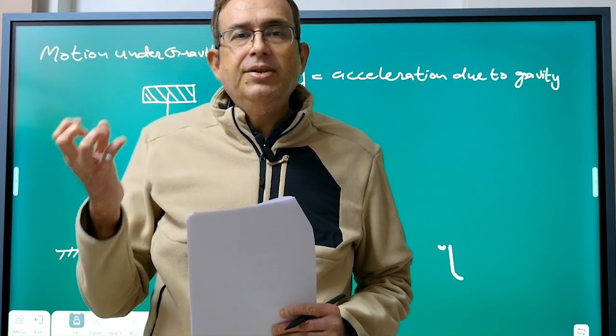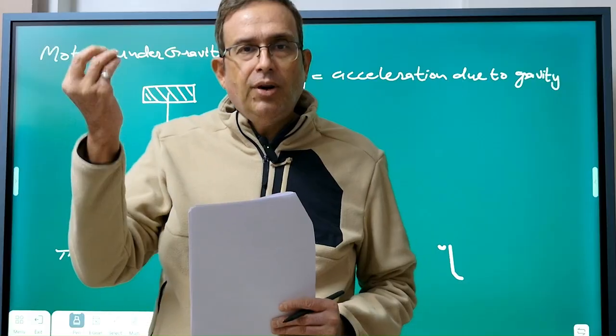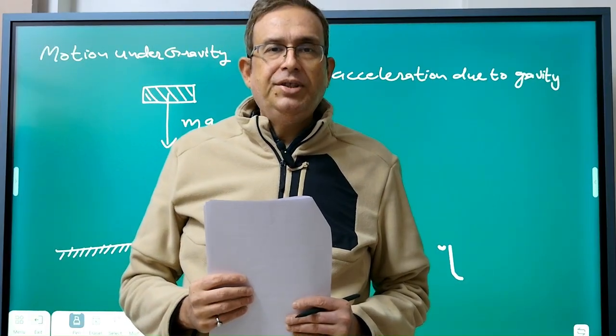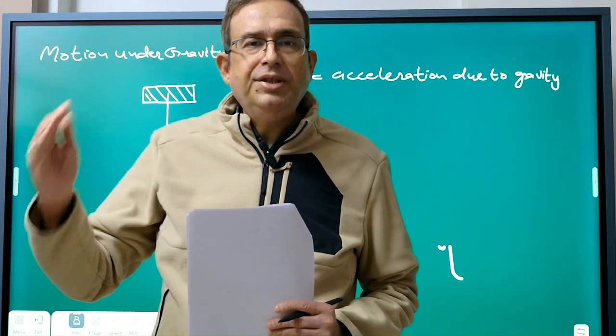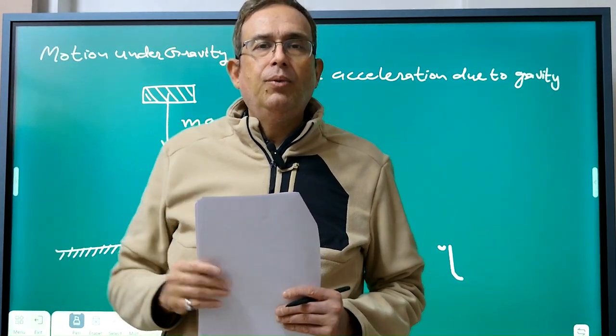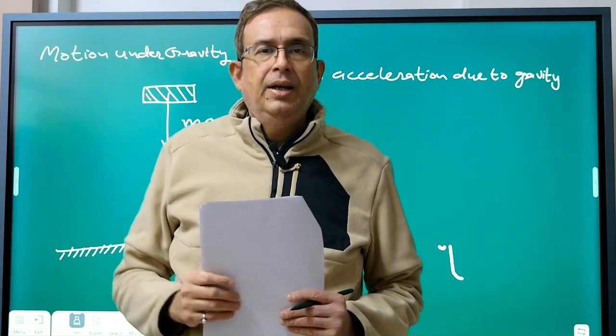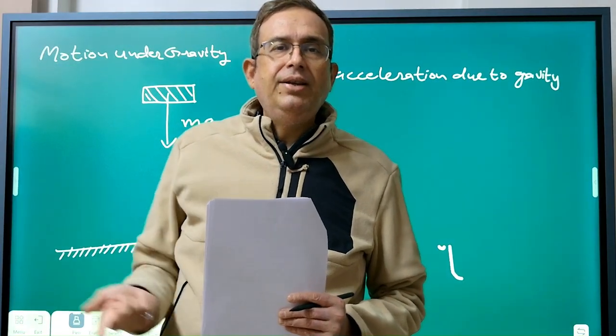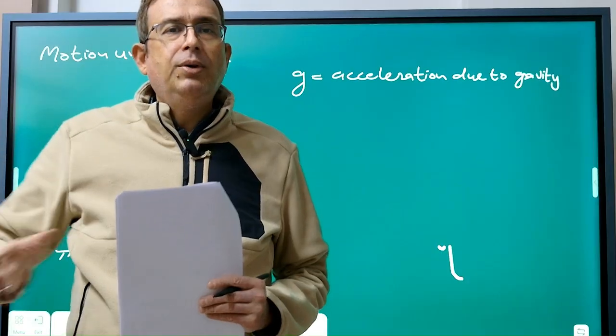So it is an accelerated motion. It is not a uniform velocity motion. The velocity of the object is changing as it falls towards the ground. The magnitude of the velocity is increasing with time.